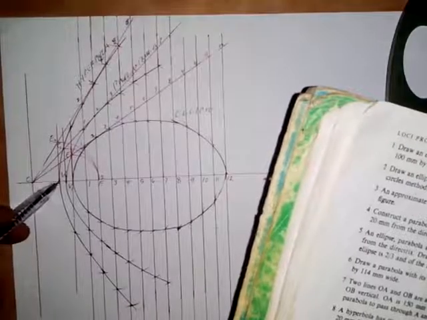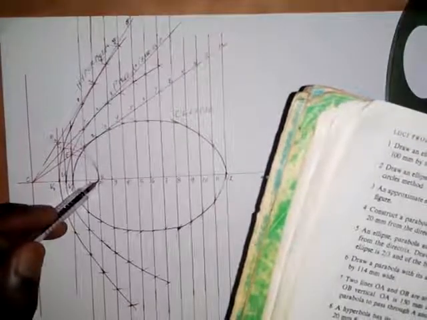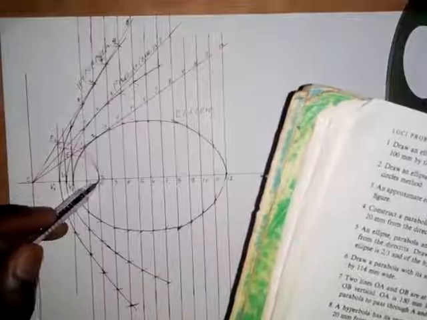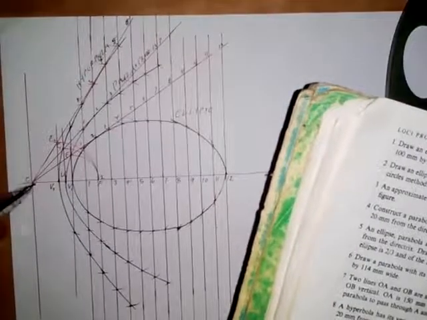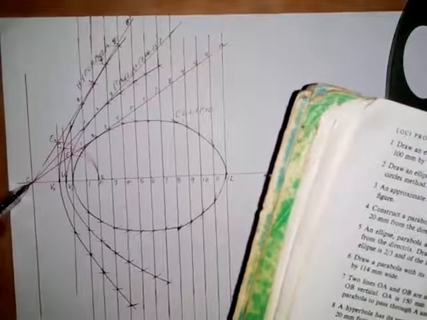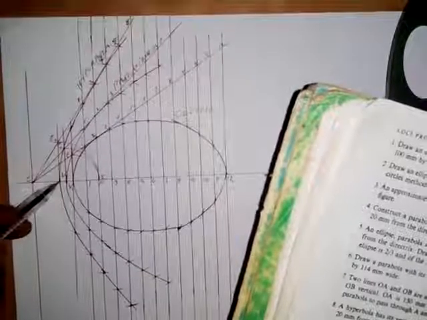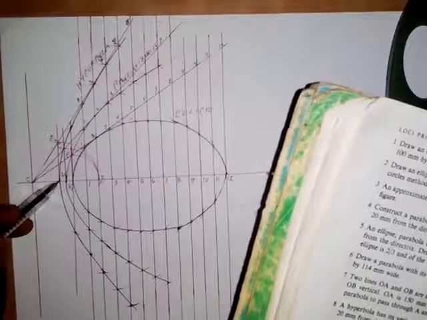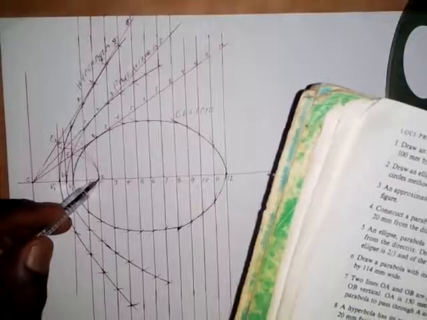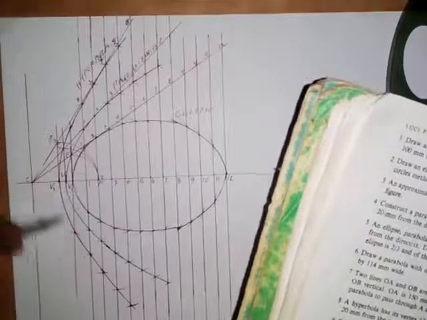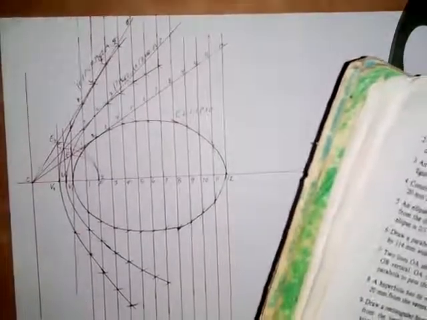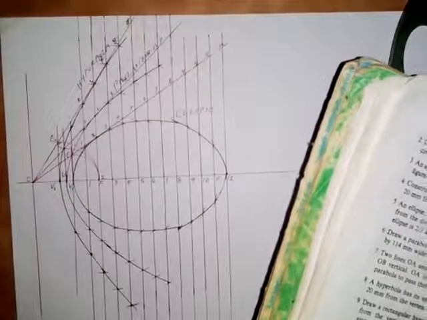That means V3F is 20 millimeters. So all you need to do is take a distance of 12 millimeters from this point on the directrix to this point, then take 20 millimeters from here to this point to locate your focus, and then use this method to get the curve. It's as simple as that. I believe you can do that.